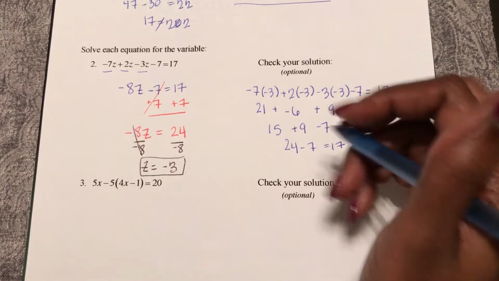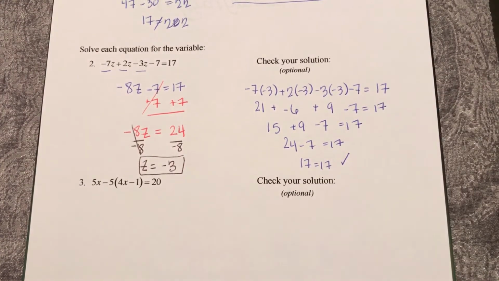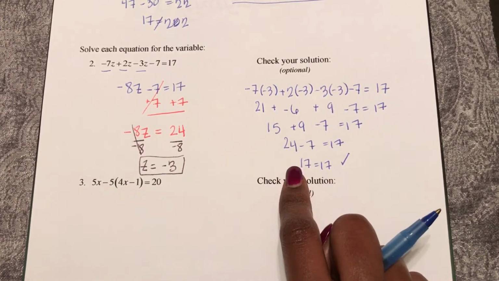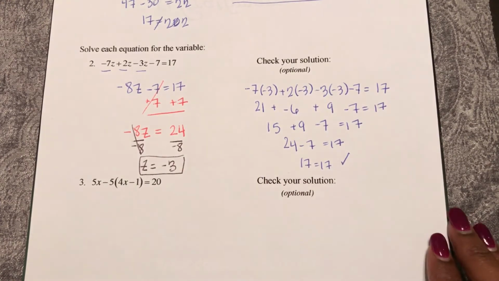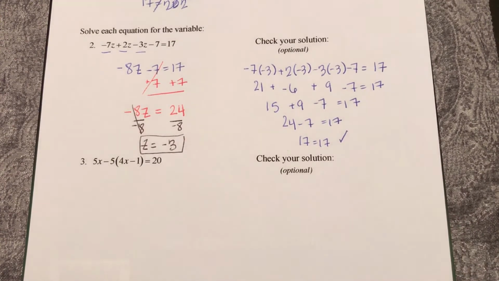And 24 minus 7 is 17. So you see that you get a true statement to confirm that your answer is a solution. So let's go ahead and try number 3 together as well. I'm not going to check my solution on that one, but feel free to do so if you like.